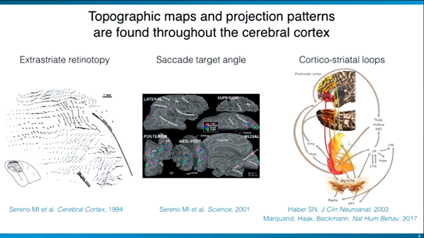Another example that we can talk about in exploring the question of topographic maps is how connectivity varies across space. Up until now, I've discussed mainly how different features as they're represented in the environment or motor movements are spatially distributed.